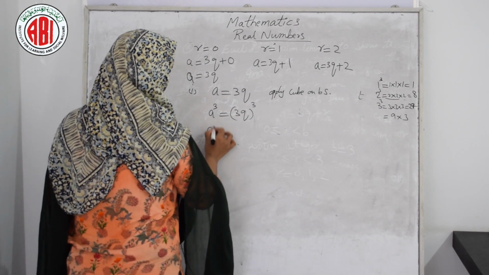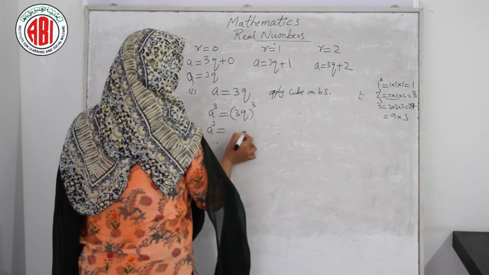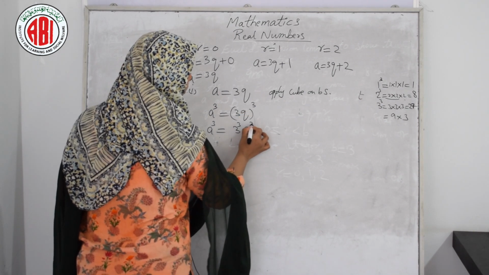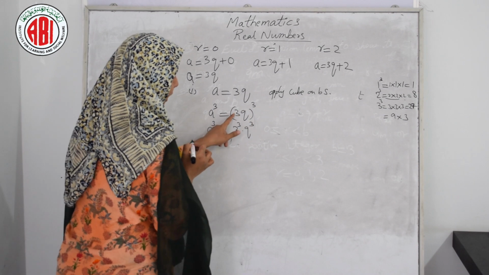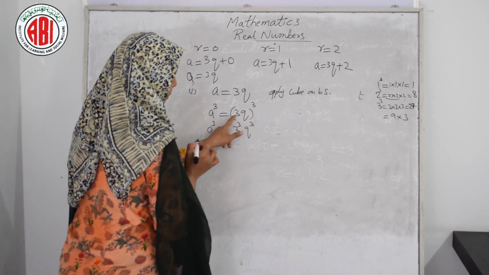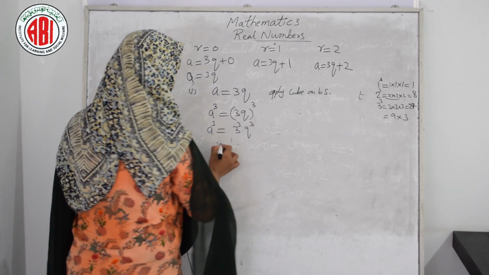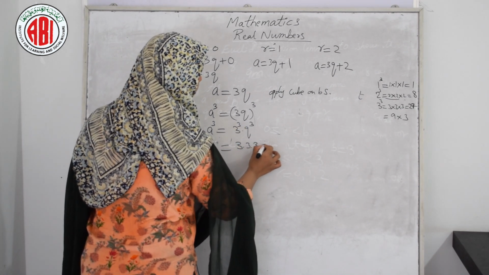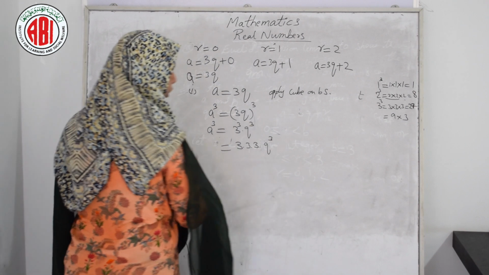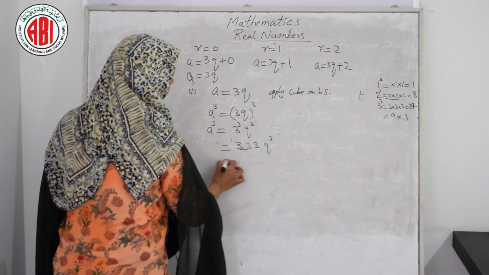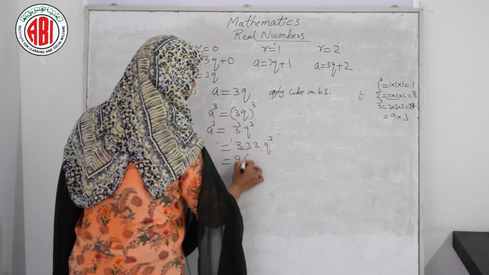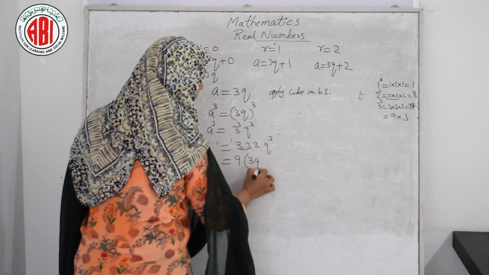So a cube means 3q into cube, the power 3 applied to both these terms, 3 cube into q cube. 3 cube means 3 into 3 into 3. Now 3 into 3 is 9. 9 into this, we are not going to multiply, we are just taking it common here.